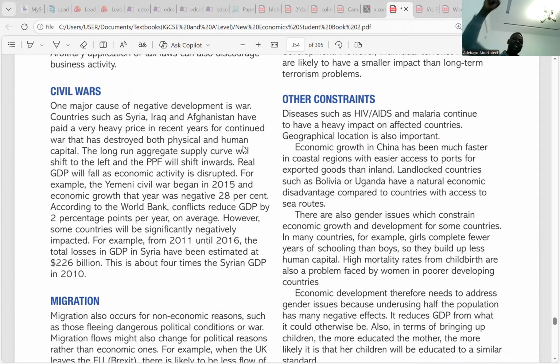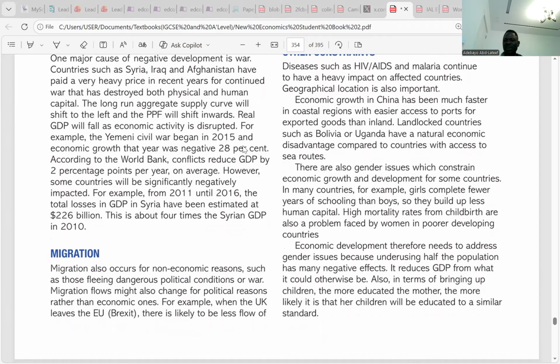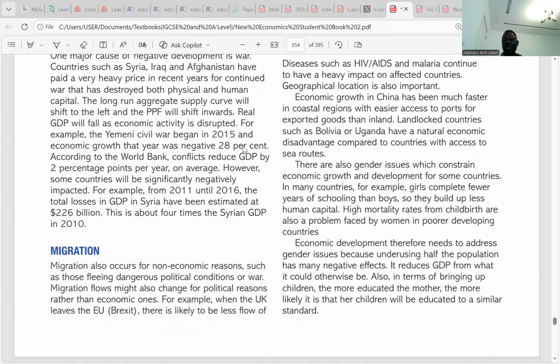Landlocked countries such as Bolivia or Uganda have a natural economic disadvantage compared to countries with access to sea routes. There are also gender issues, which constrain economic growth and development for some countries. In many countries, for example, girls complete fewer years of schooling than boys, so they build up less human capital. High mortality rates from childbirth are also a problem faced by women in poor developing countries.